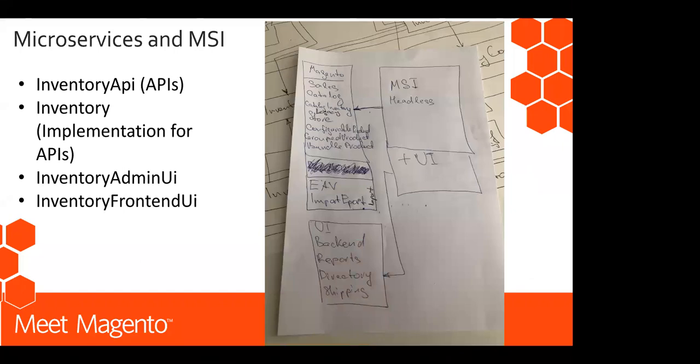But how will we manage if I do a migration from Magento to the latest with MSI? How can I just load the headless, because I will also need the UI. I don't know why you separated the two of them.